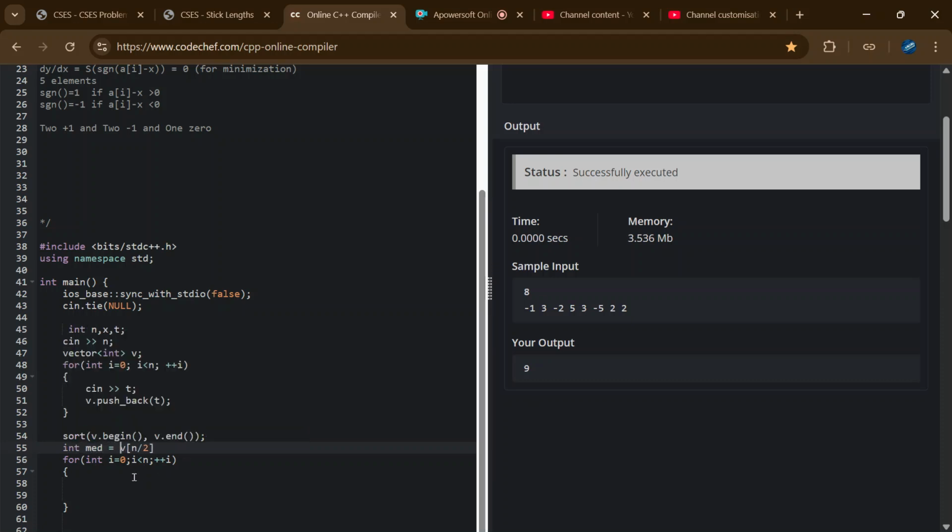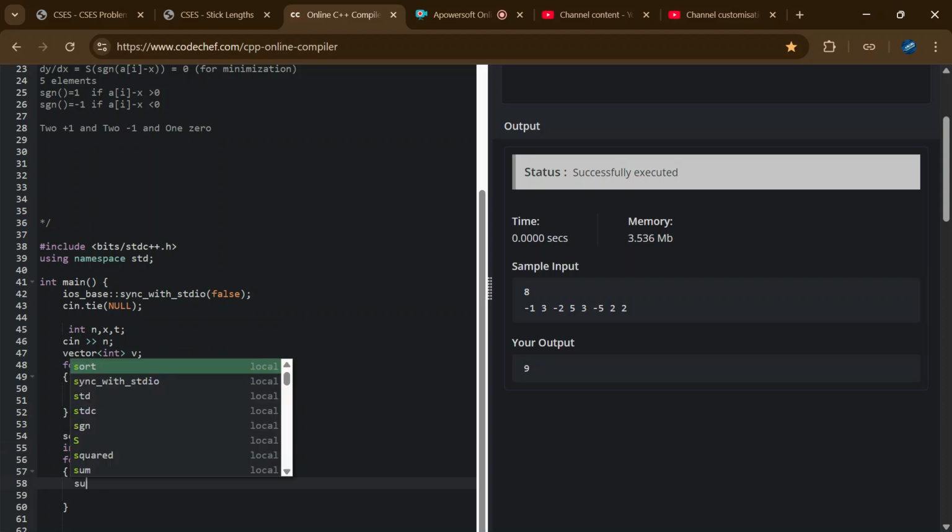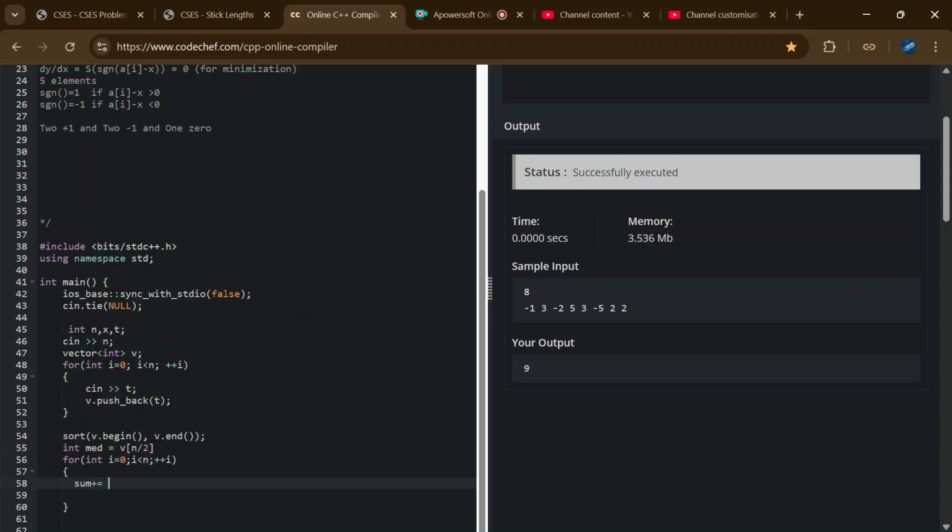Okay, and now I want to do summation of a of i minus median.